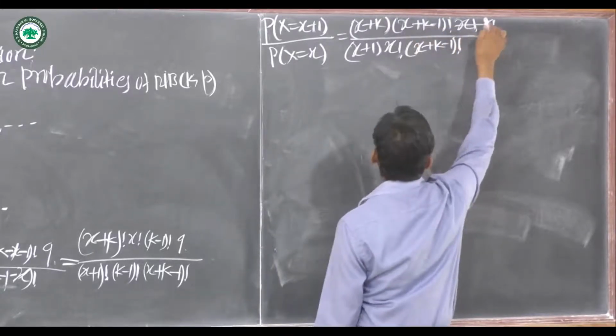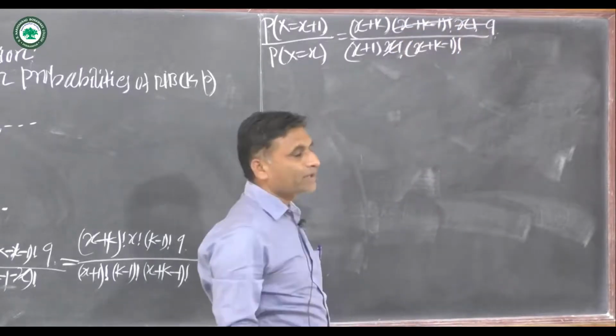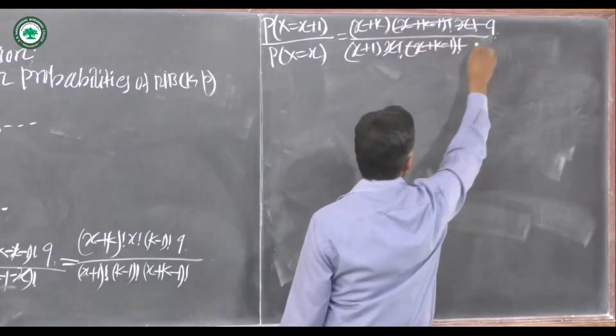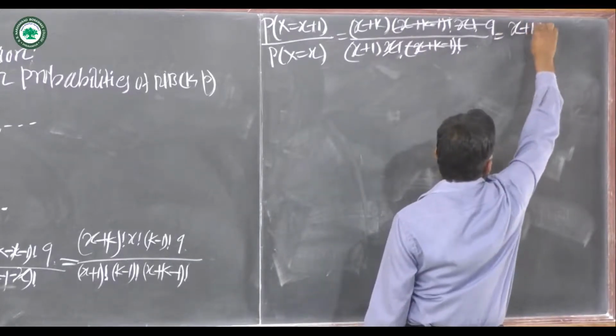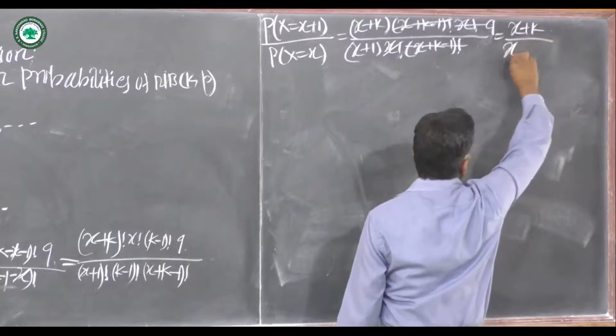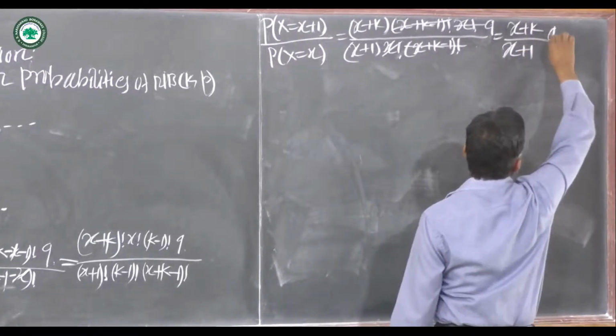Now this x factorial gets cancelled, x plus k minus 1 factorial gets cancelled, and which is equal to x plus k upon x plus 1 into q.